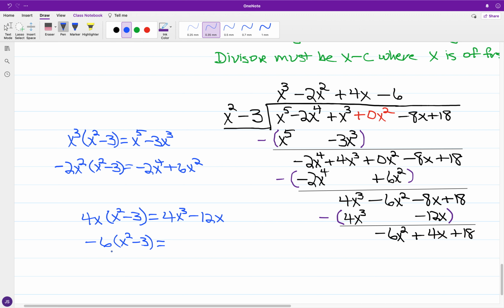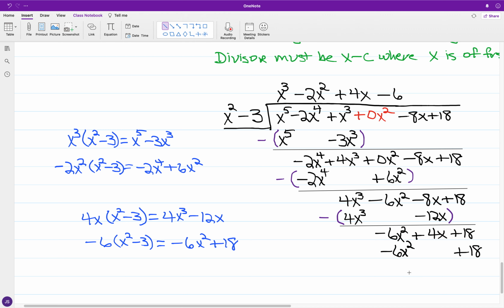And with the distributing, we're going to have negative 6x squared, and negative 6 over negative 3 is going to be 18. So again, negative 6x squared you have underneath the first term at this line, and then 18 you have situated underneath the 18 from the dividend remnant.